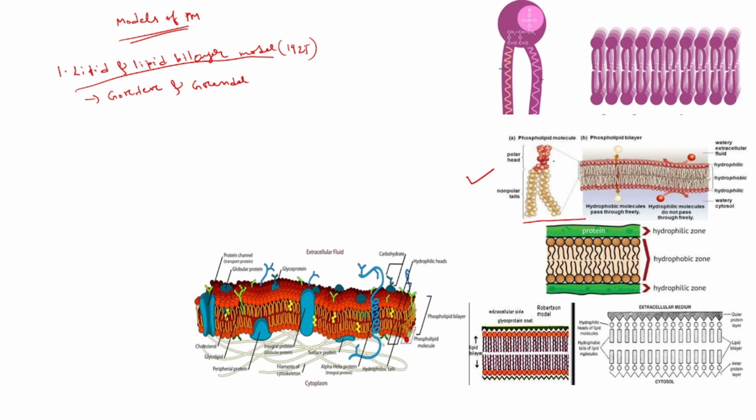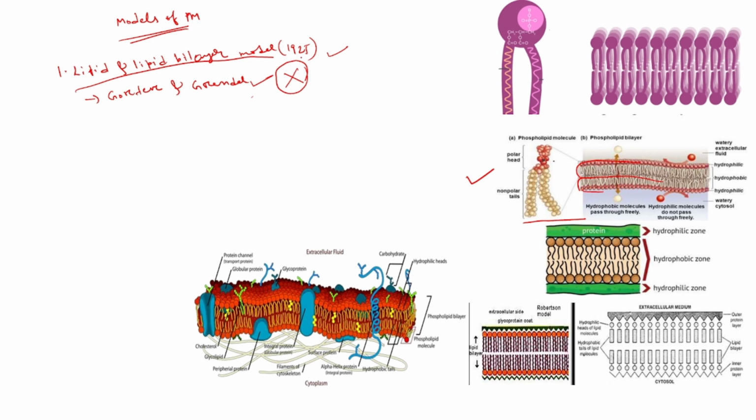What is the lipid and lipid bilayer? Gorter and Grendel speculated at that time that only lipids are present in the plasma membrane. This is one layer, the lipid layer. This is another lipid layer. That means there is no protein, no carbohydrate, only lipids according to that model, which is wrong.